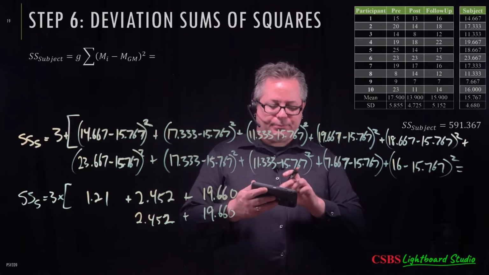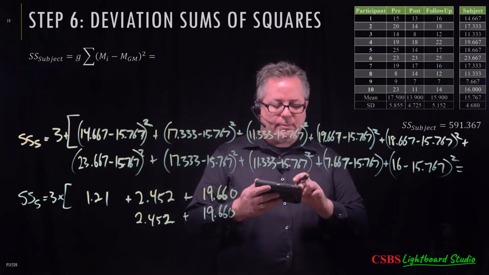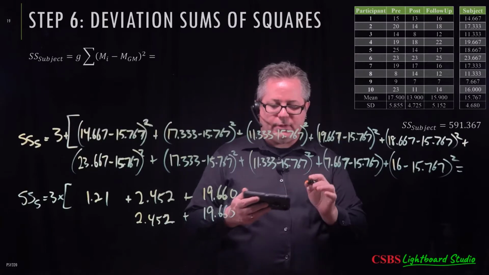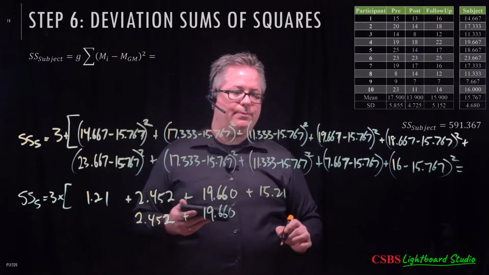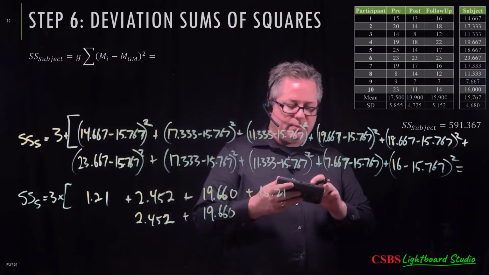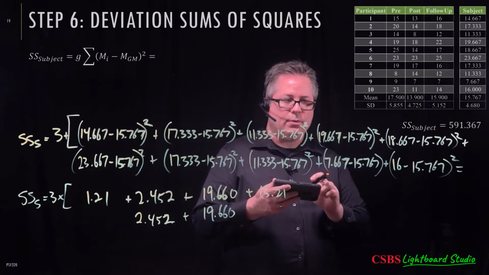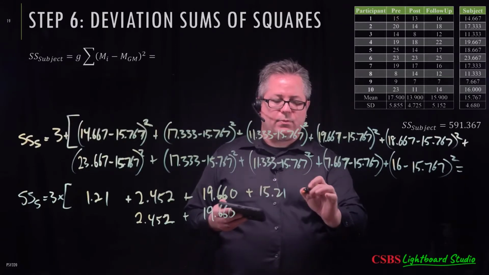And so 19.667 minus 15.767 equals 3.9 squared, 15.21, and then 18.667 minus 15.767 equals 2.9 squared equals 8.41.